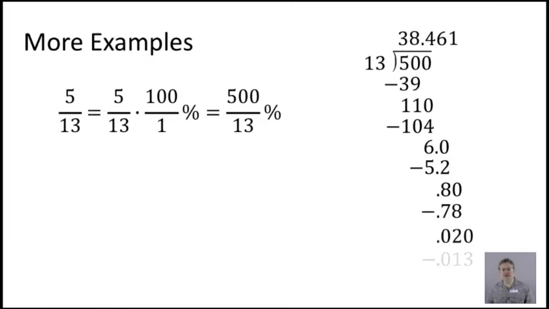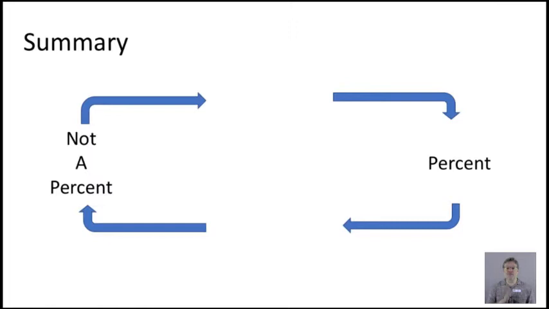So in summary, you can see that there are 2 worlds that we work with in which we convert numbers back and forth. One of those 2 worlds is a percent, and the other of those 2 worlds is not a percent. Now, we've worked with fractions and decimals and all those kinds of things. What I want you to keep in mind is it's possible to express a percent as a decimal. It's possible to present a percent, say that 3 times fast.